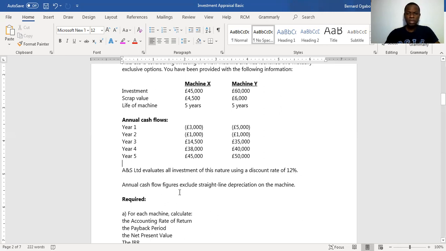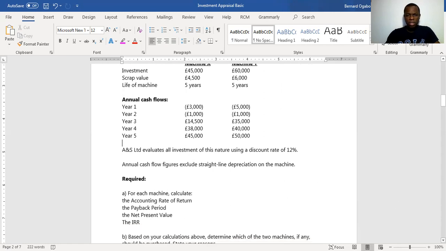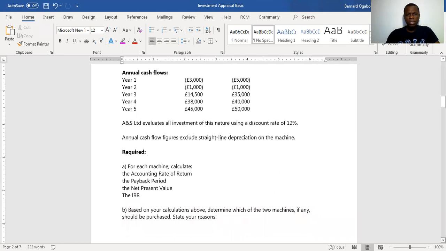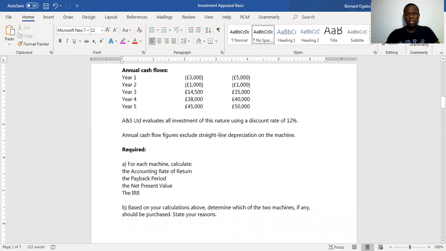Annual cash flow figures exclude straight line depreciation on the machines. Required: for each machine, calculate the accounting rate of return, the payback period, the net present value, and the internal rate of return, IRR.